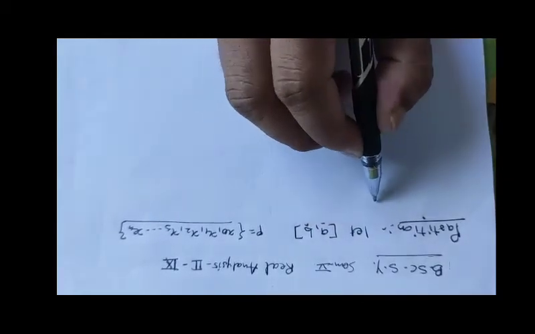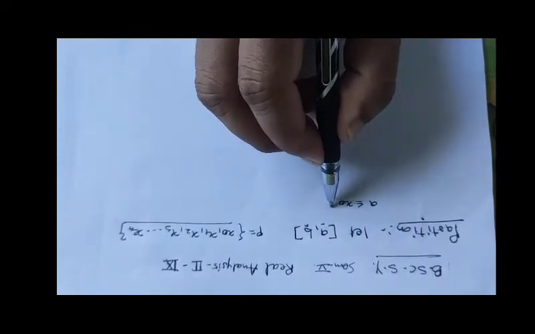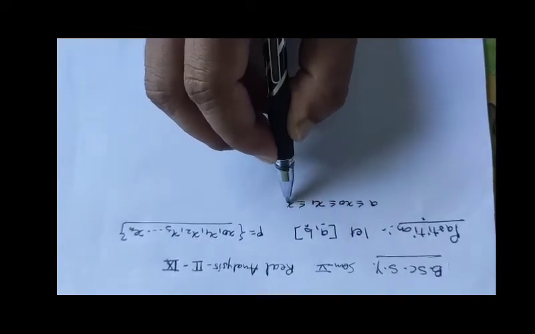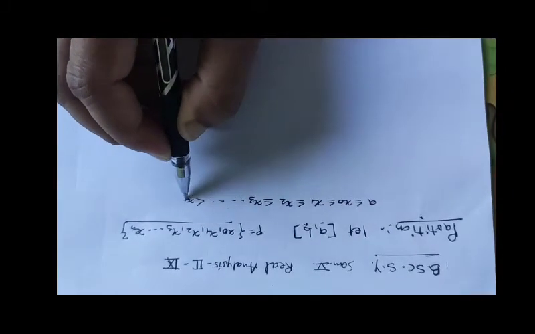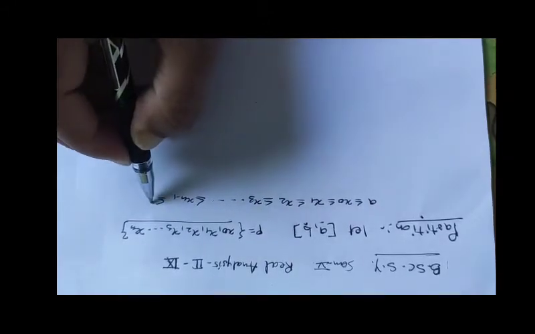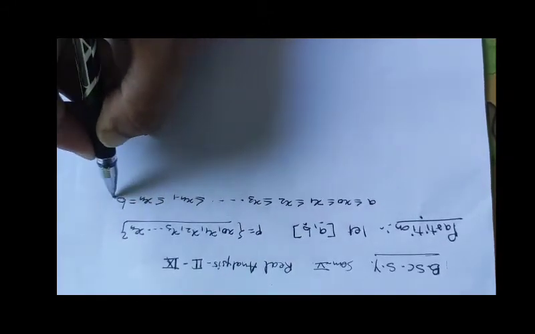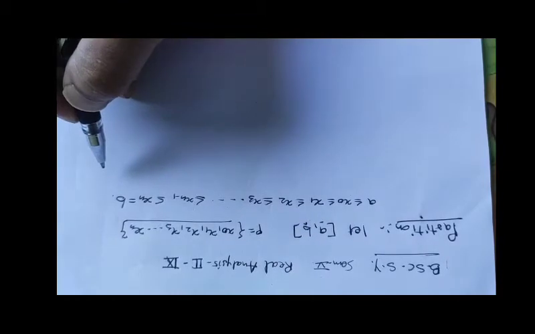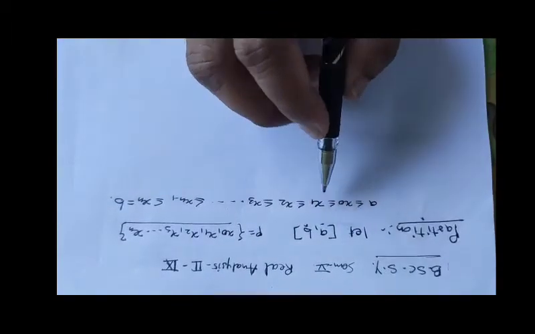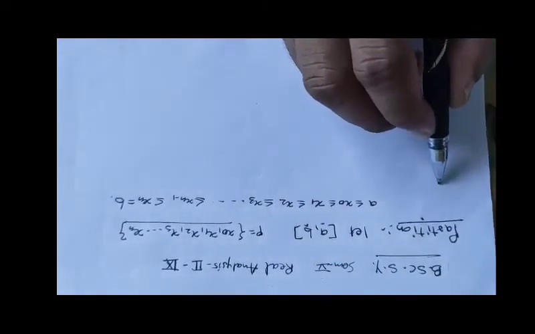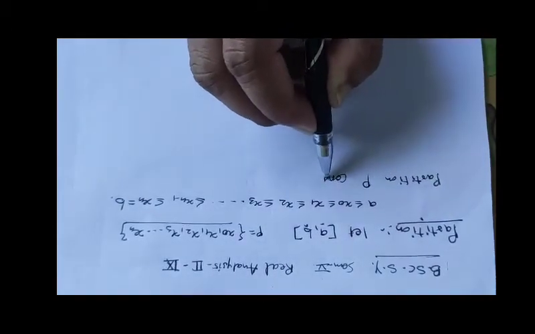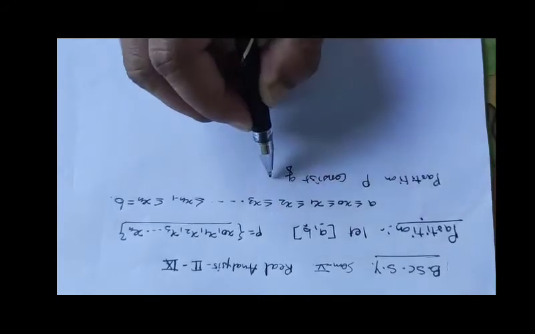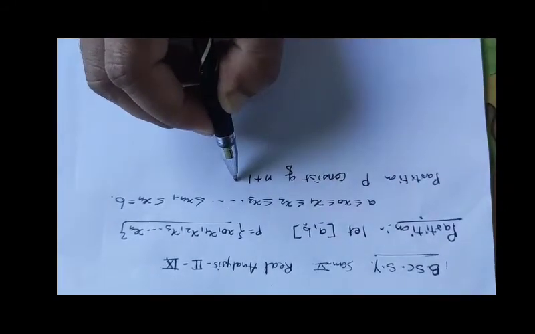So I can write a ≤ x0 ≤ x1 ≤ x2 ≤ x3 and so on, ≤ x(n-1) ≤ xn = b. So this is a partition, and this partition P consists of n plus 1 points.